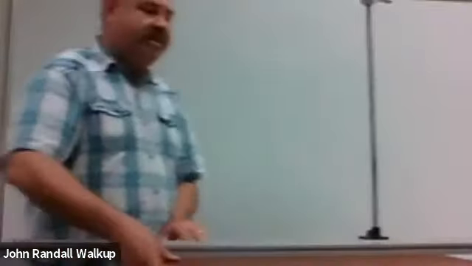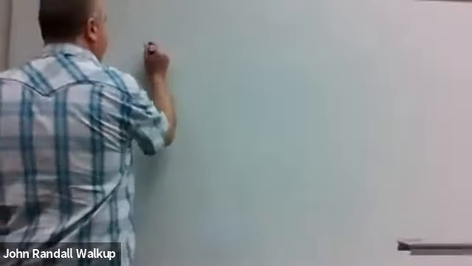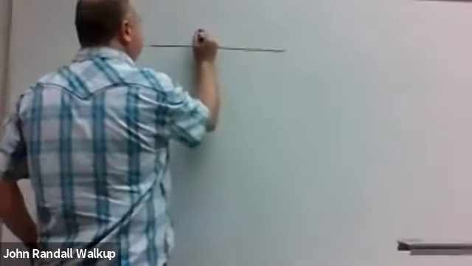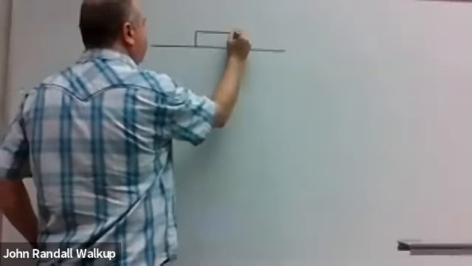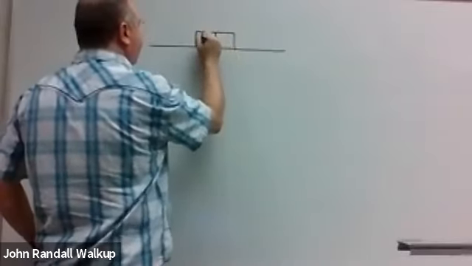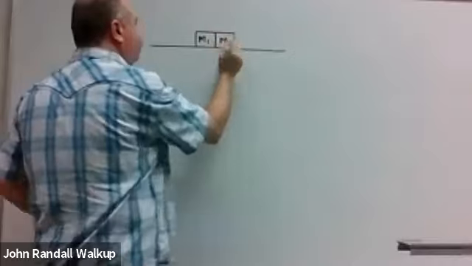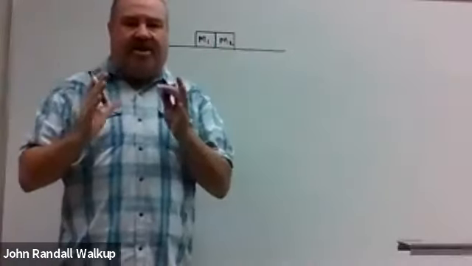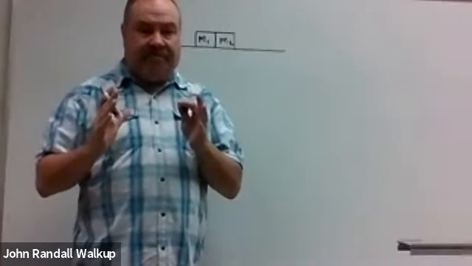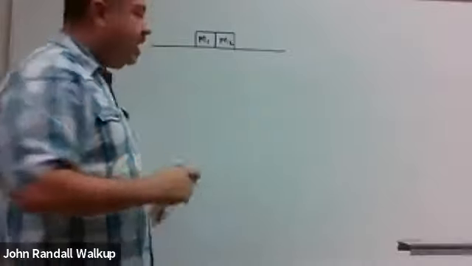So how do we solve this problem? Before, we have both bodies at rest. We'll call them M1, M2, and they have a lot of potential energy stored amongst them, and they're at rest.